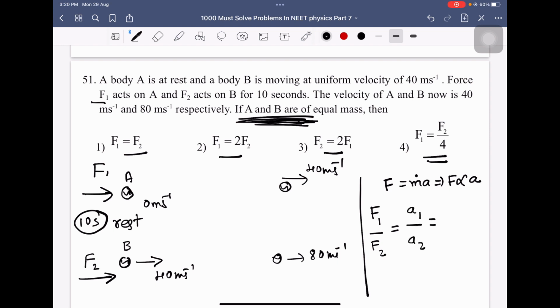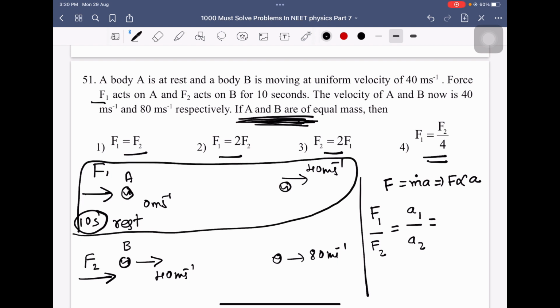So what is a1? Acceleration of the first body. What is acceleration? Final velocity, 40, minus initial velocity, 0, divided by time taken, 10 seconds, divided by acceleration of the second body.